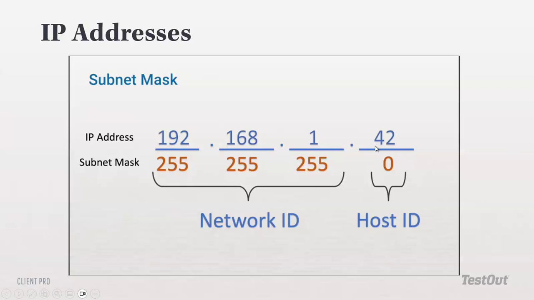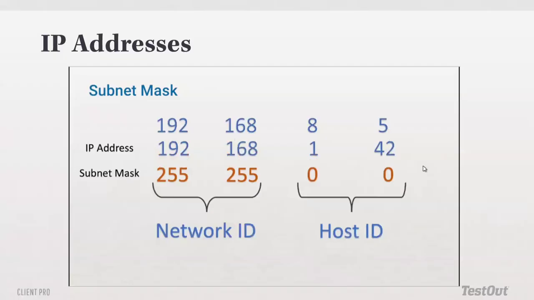That's what we also call, when it comes to CIDR, classless interdomain routing, just a /24 notation. If you put a /24 at the end right here, that's what's meant by these 24 bits of subnet mask. Now, sometimes you can have the same address but with a different subnet mask.